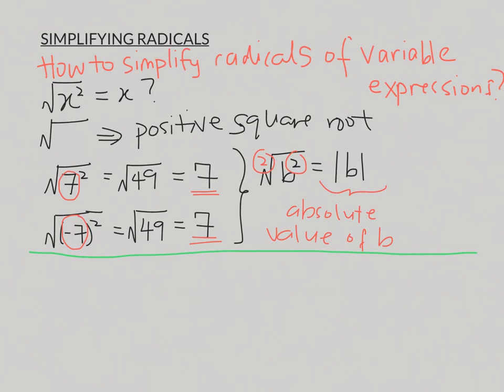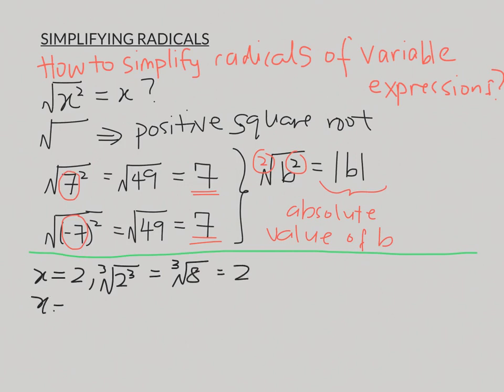Now let us consider taking the cube root of a variable. For example, when x is equal to 2, the cube root of 2 cubed would be the cube root of 8, and that would give us 2.